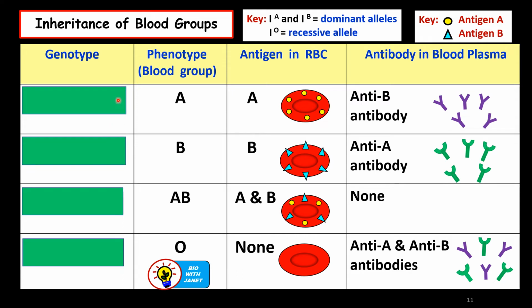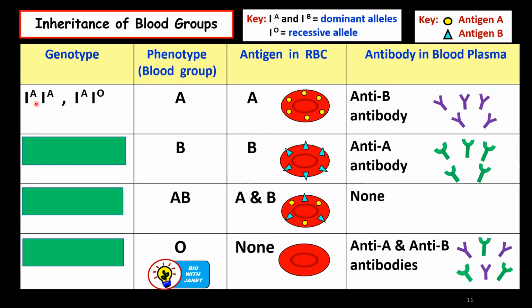So what are the possible genotypes for a person with blood group A? Now, it's either IAIA or IAIO. Okay, so as long as he has the allele IA, he's able to produce the antigen A on the red blood cells, right?